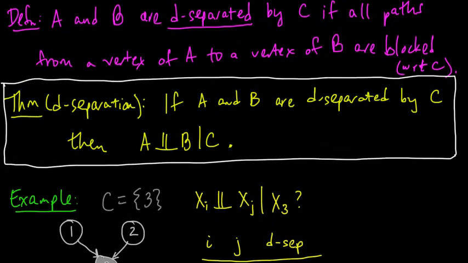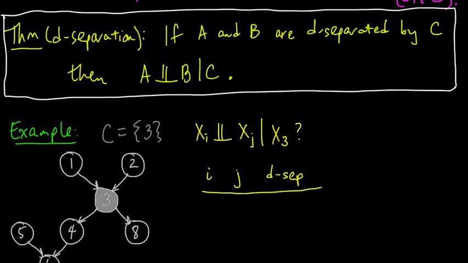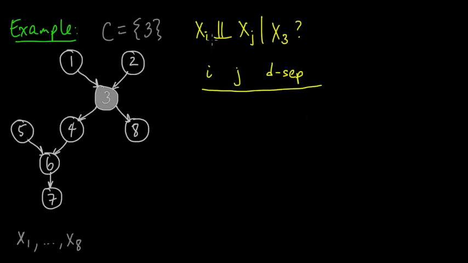Well, what is D-separation? A and B are D-separated if all paths from a vertex of A, in this case it would just be, say, 1, to a vertex of B, so that would just be all paths from 1 to 4, are blocked with respect to C. So all paths from i to j are blocked by C. So what does it mean for something to be blocked?